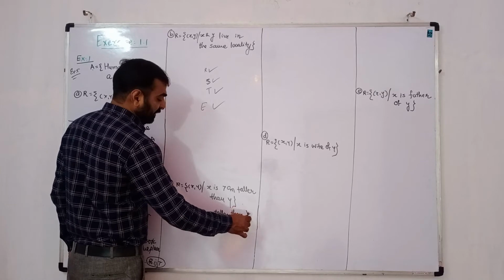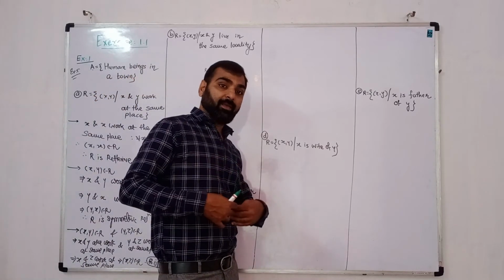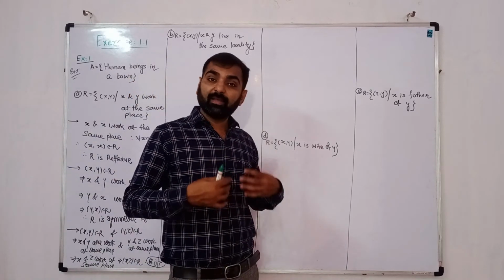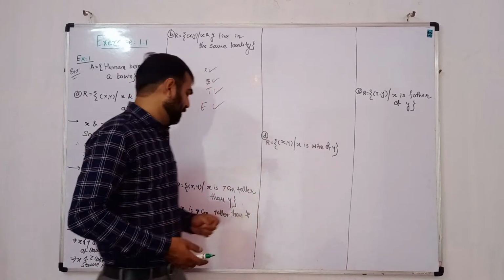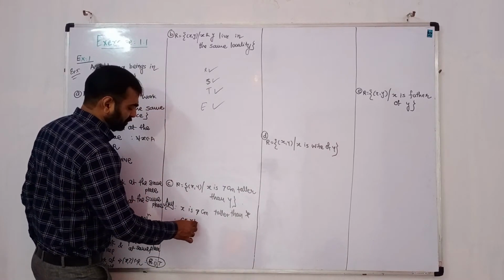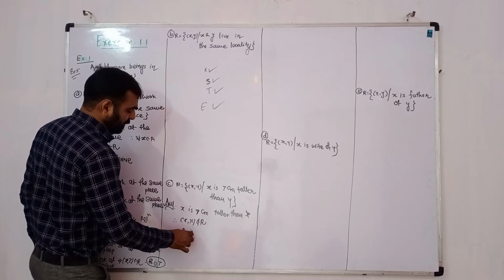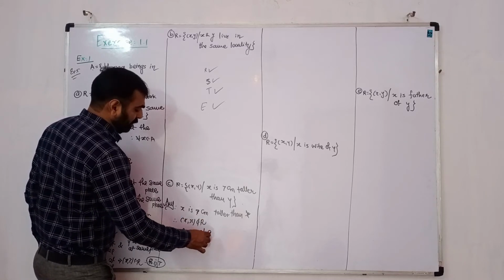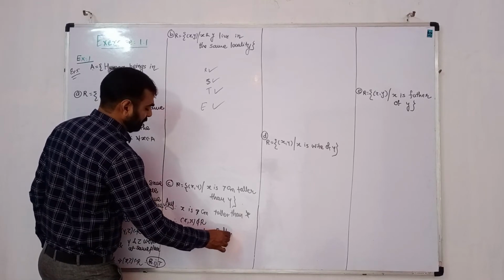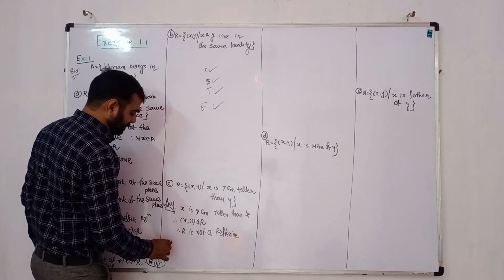Is it possible? Myself is 7 centimeter taller than me. No, that is not possible. So we can say that therefore (x, x) does not belong to R. So R is not a reflexive relation.